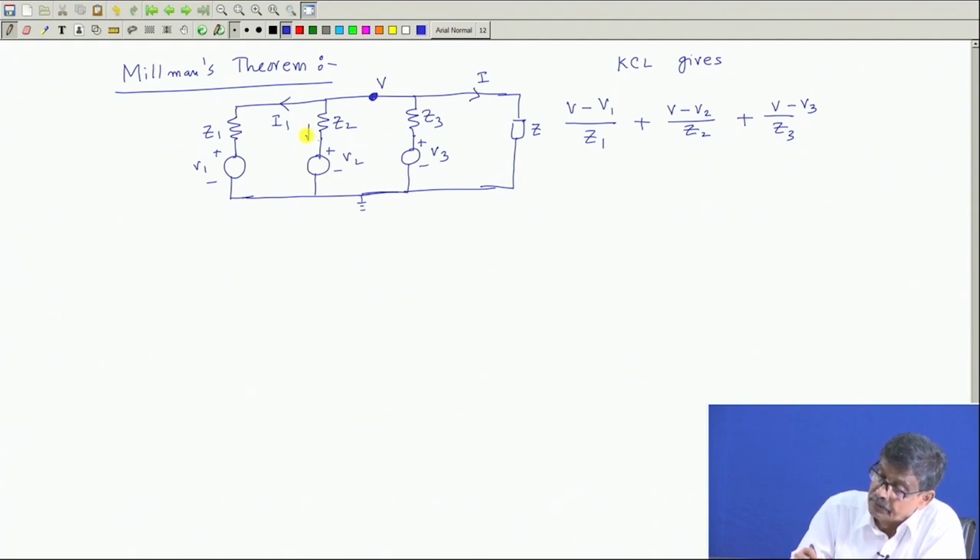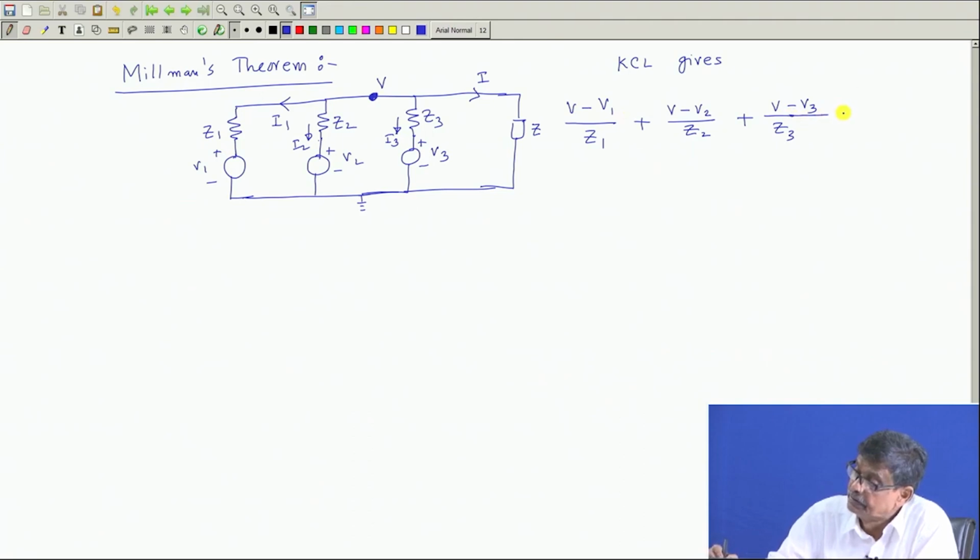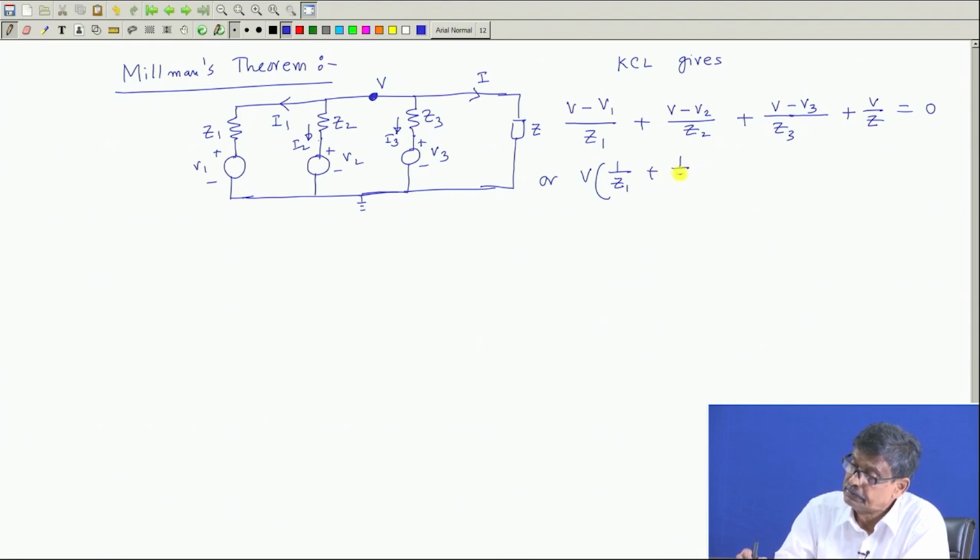All current going out, this current I 2 is this one, this is I 3 and this is plus I, which is equal to plus V by Z, and that must be equal to 0. Therefore, you can see that V is the unknown: 1 over Z 1 plus 1 over Z 2 plus 1 over Z 3. I could write it in one stroke also.